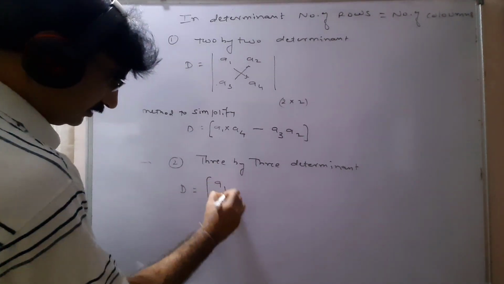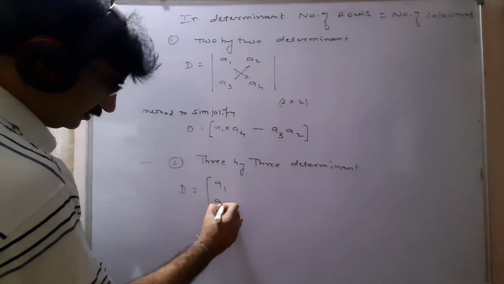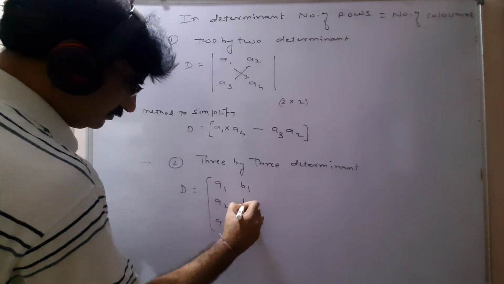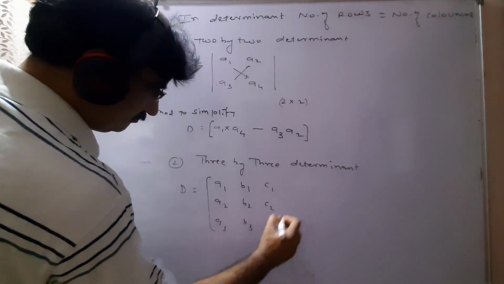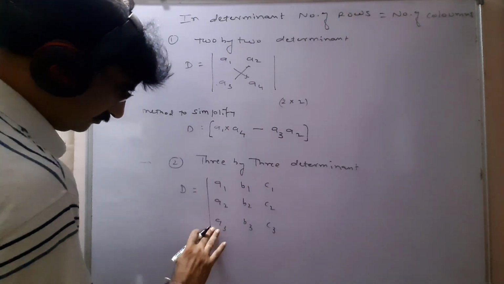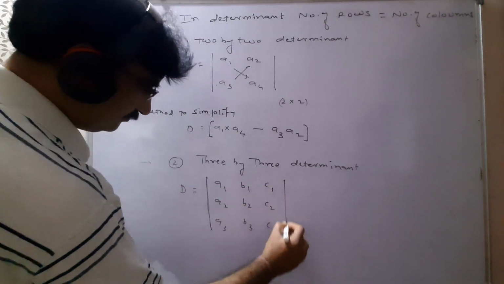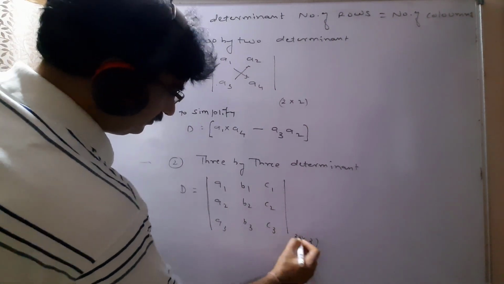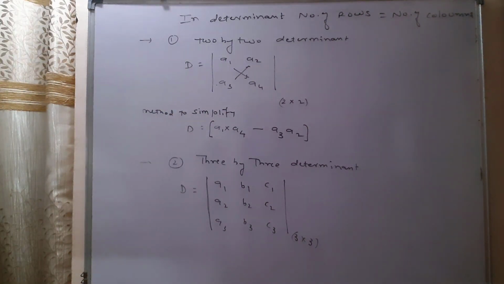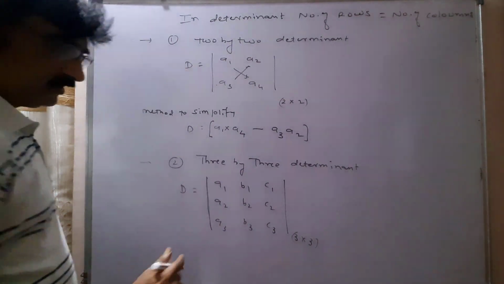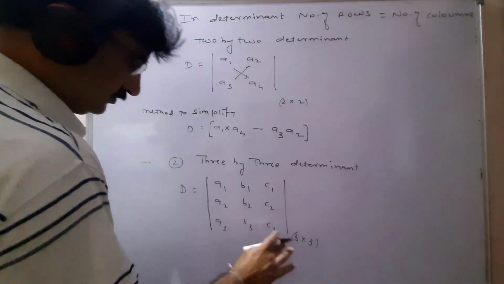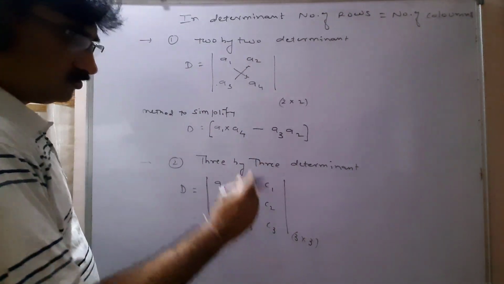That means here 3 rows and 3 columns. This is another determinant having 3 rows and 3 columns. That means the determinant contains 3 rows and again these 3 columns.